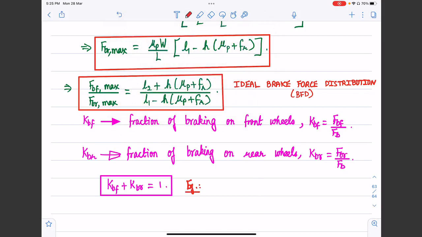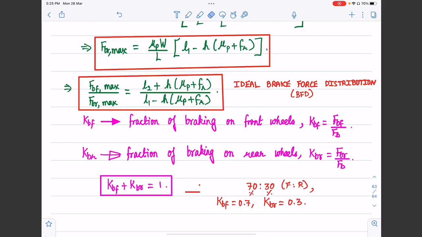So let's say BFD of 70 is to 30, front is to rear. Okay, so then what it means is that KBF is going to be equal to 0.7 and KBR is going to be equal to 0.3. Okay, so that is the implication of braking force being 70-30, or 70%, 30%. When people use percentage also, they will say 70%, 30% and so on, right?